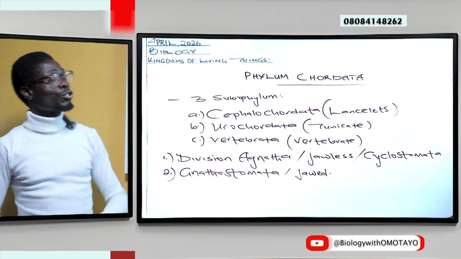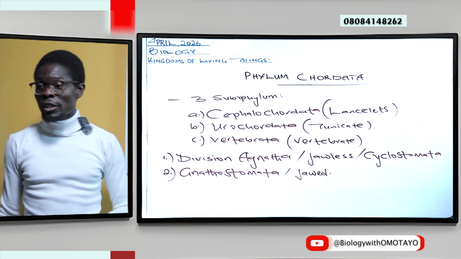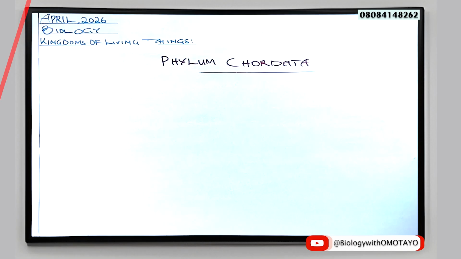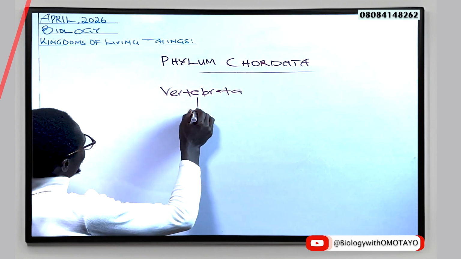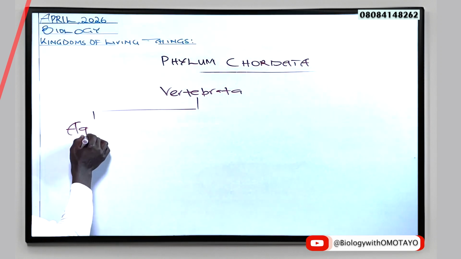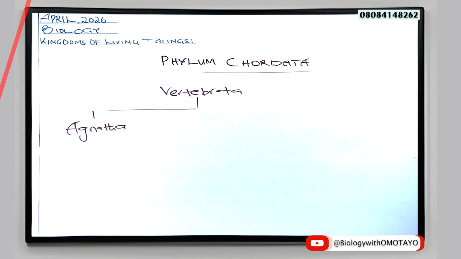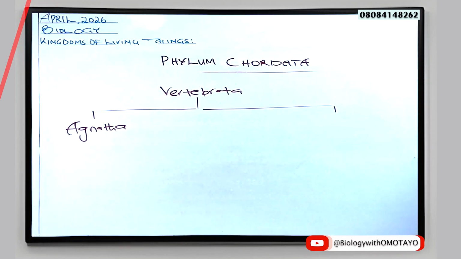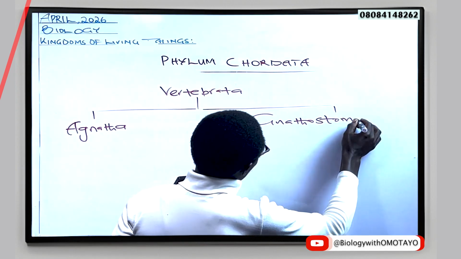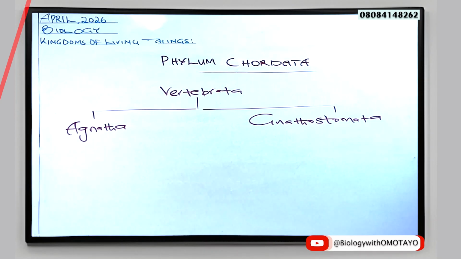I will quickly illustrate this using a chart. So Vertebrata split into Agnatha, the jawless, and then Gnathostomata, the jawed.